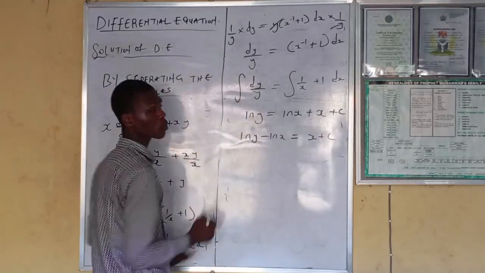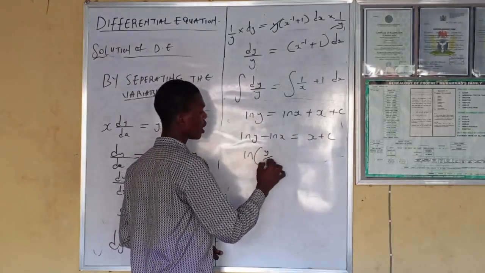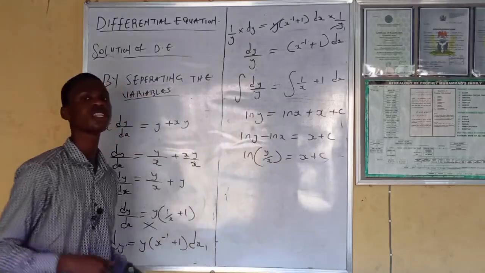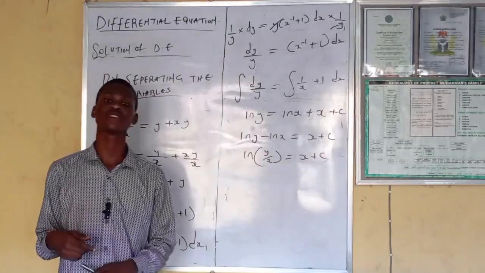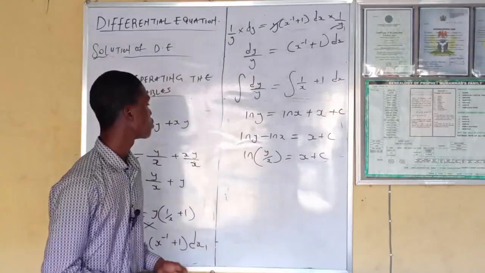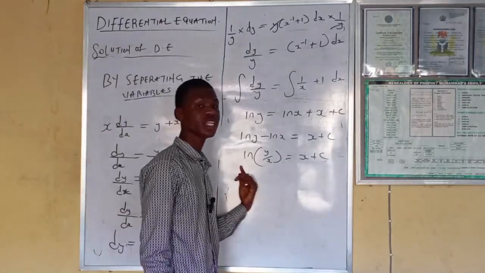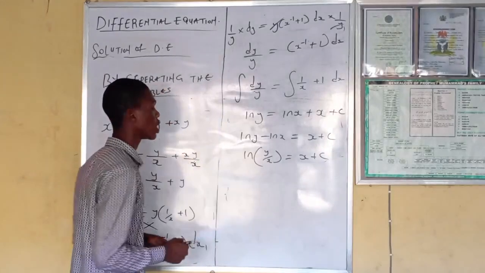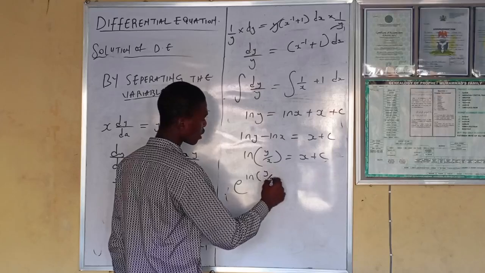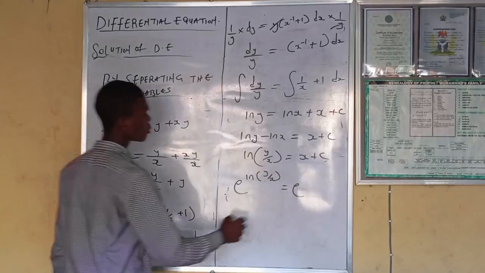From your logarithm, ln open bracket y over x equals x plus c. Don't forget, whenever I'm given a differential equation, my interest is to find the function itself. So the function itself in this case is what? Y. So from here, to get rid of ln, take exponential to both sides. You have exponential ln y over x equals exponential x plus c.